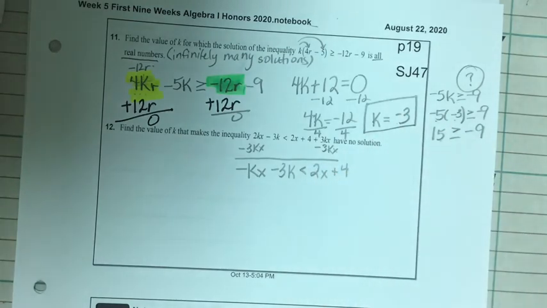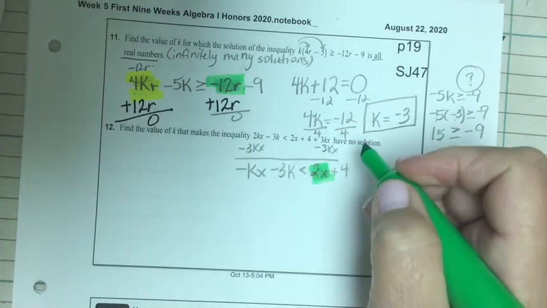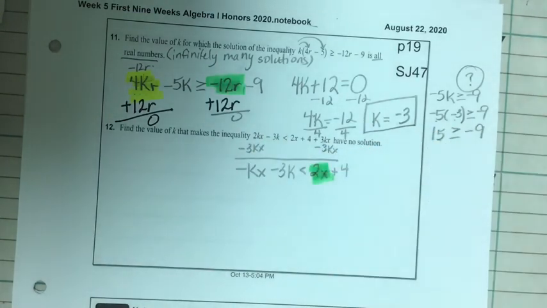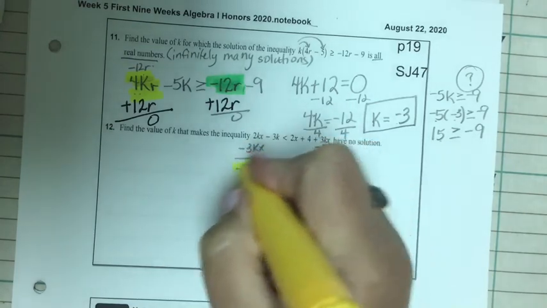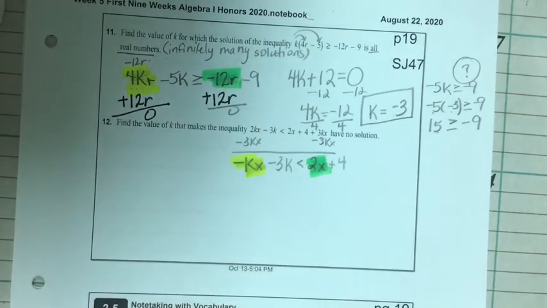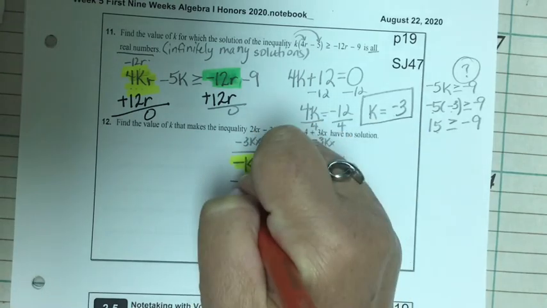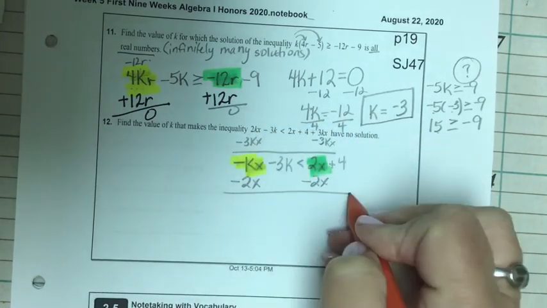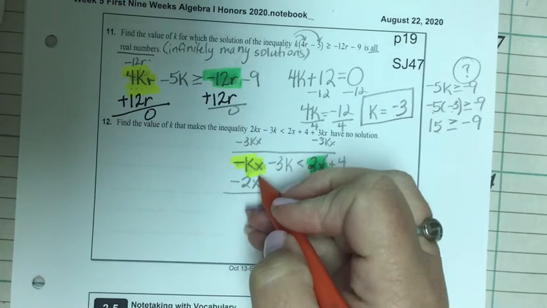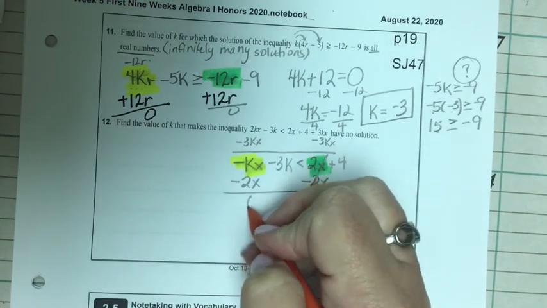So again, I want to move this 2x. I want to subtract 2x over here to this negative kx. And I want those to cancel out and make 0. So let's do what we did on this previous problem. Let's subtract 2x. If I subtract 2x, I want to get 0.